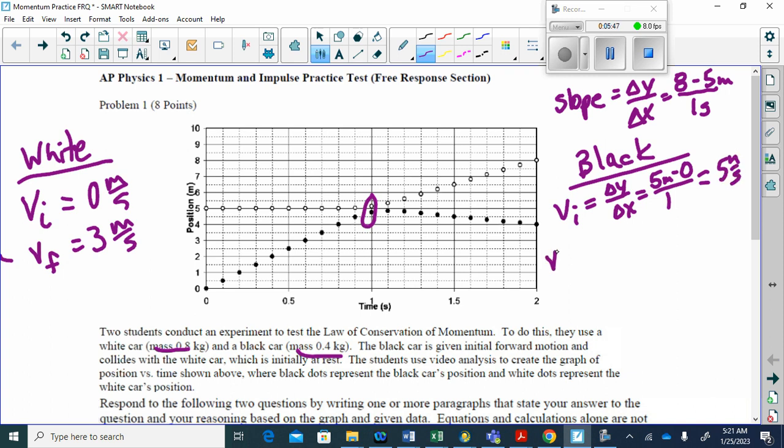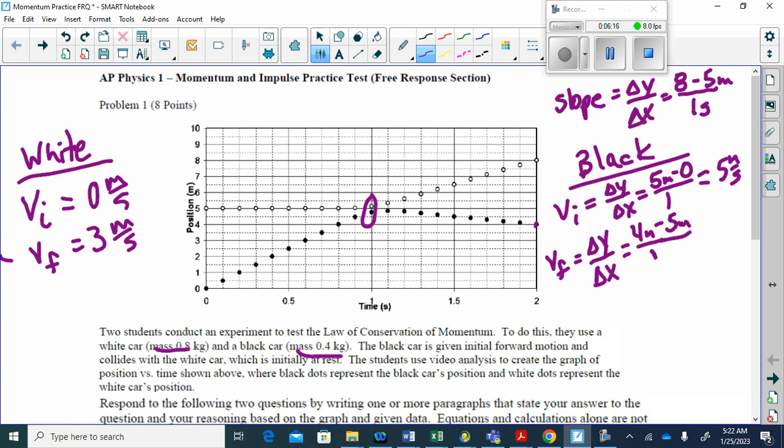Now the final velocity of the black cart is different because the slope is different. To calculate that, we look at the change in y over the change in x, or the change in position over the change in time. We get a final position of 4 meters, and its initial position was at 5 meters.